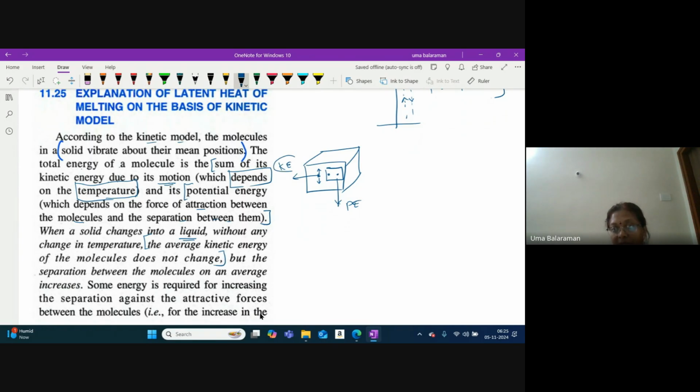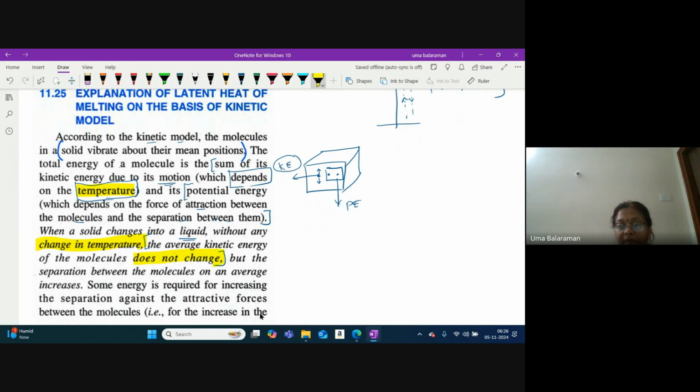When we heat a piece of ice cube, the kinetic energy remains the same because the temperature remains the same. Kinetic energy depends on temperature. If the temperature is constant, then kinetic energy does not change.